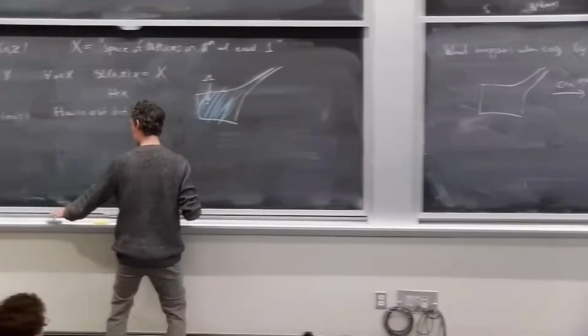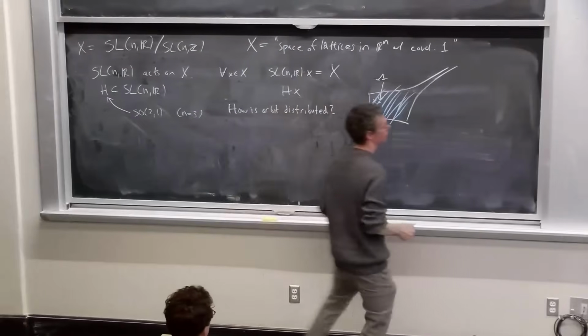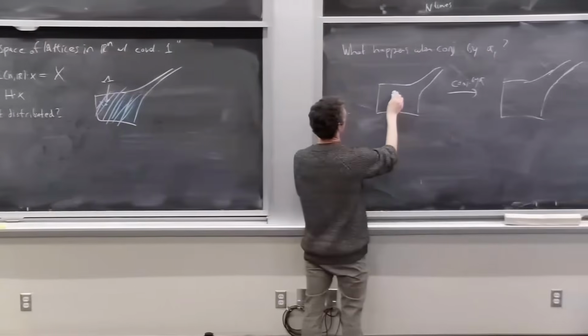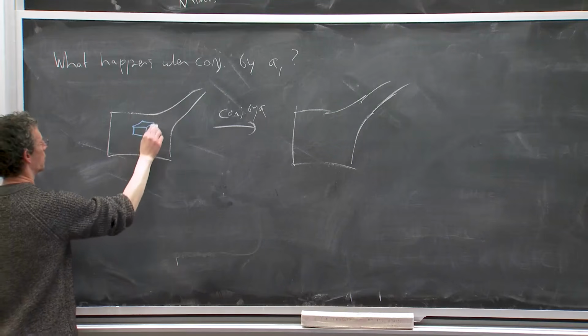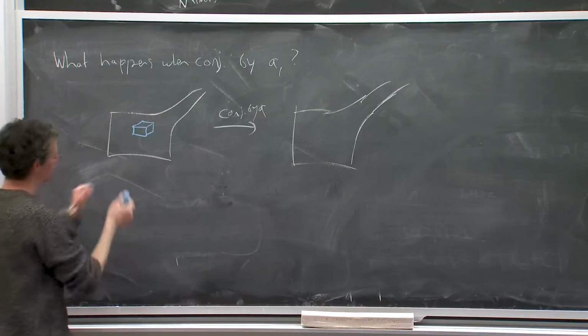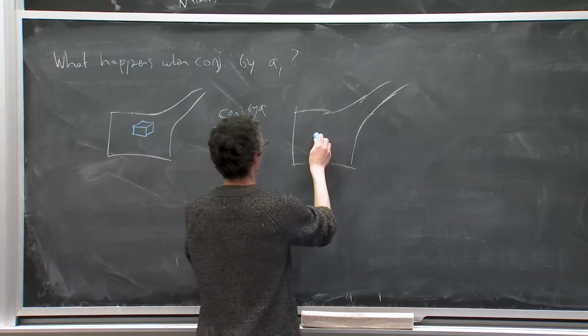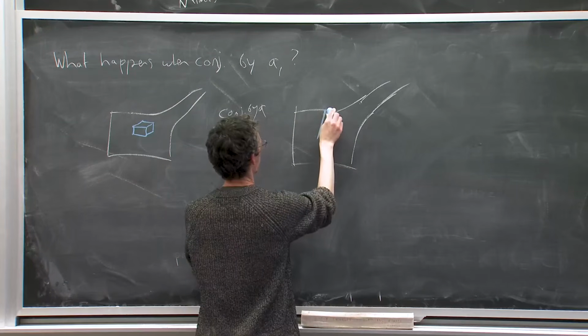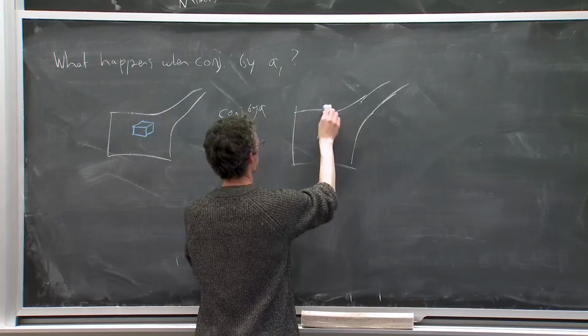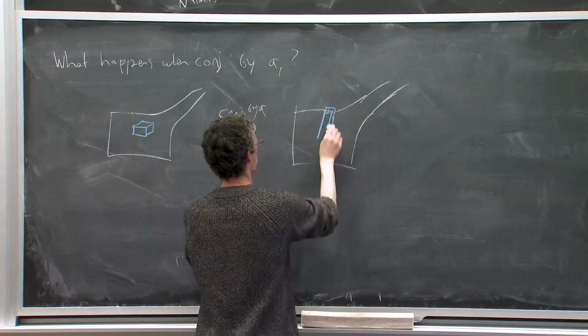But if you look at a little piece of the homogeneous space, take a little box here, then some of these directions will be stretched, and some of them will be contracted.